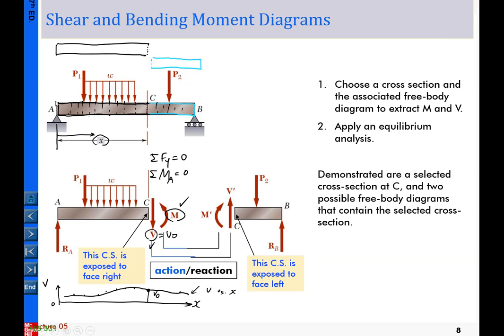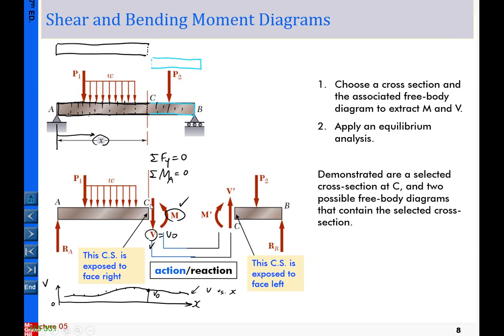And you may ask me, by keeping sweeping the selection of the cross section, would that be very tedious? Yes, the answer is yes. So there are some effective and efficient techniques that allow us to do the work very smartly, and that will be talked about in the next section. But this is the principle, okay?